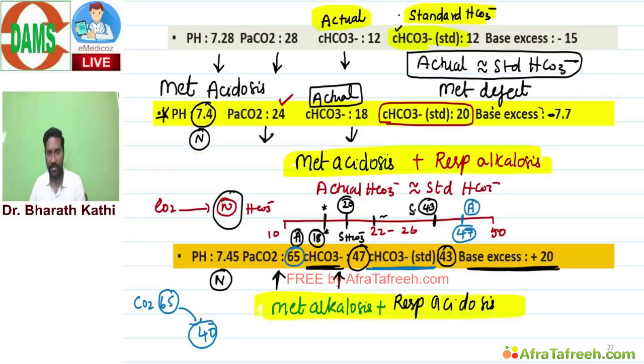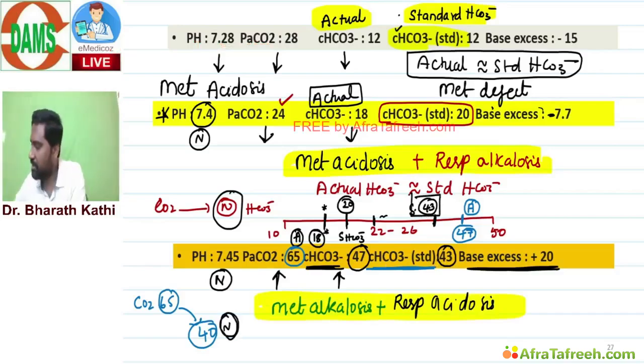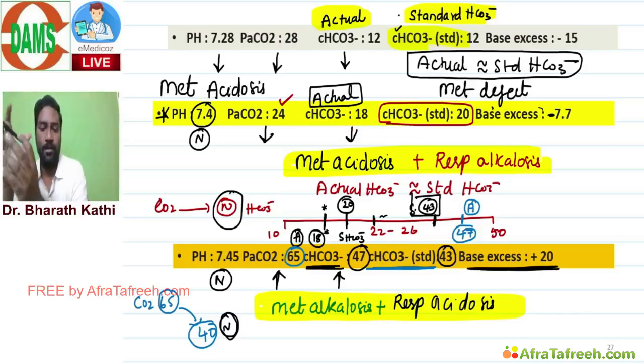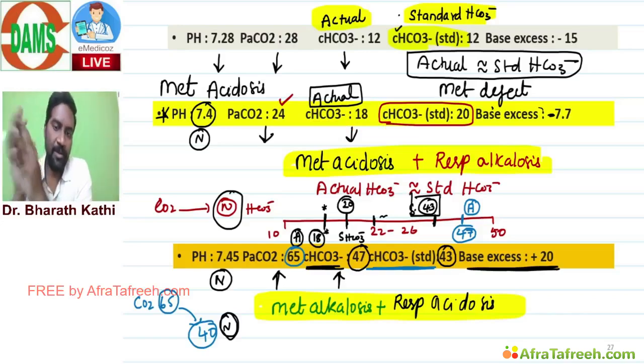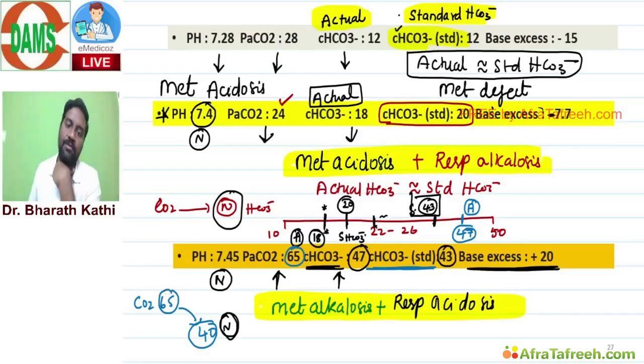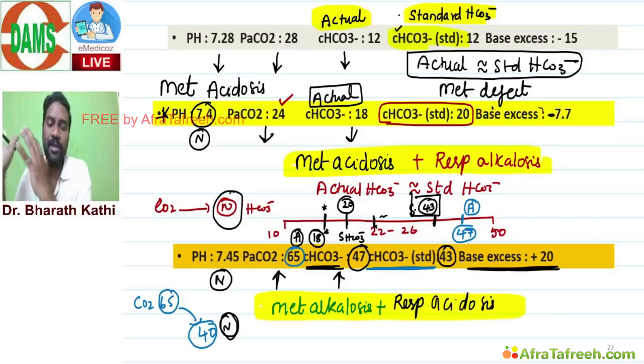So in this manner you can tell. Now if you notice here, even after bringing CO2 to normal, it is still at 43. It means there is also a metabolic phenomenon. If you brought CO2 to normal and it had come to normal, it was only metabolic. So still it is not coming. So it is both metabolic and respiratory.